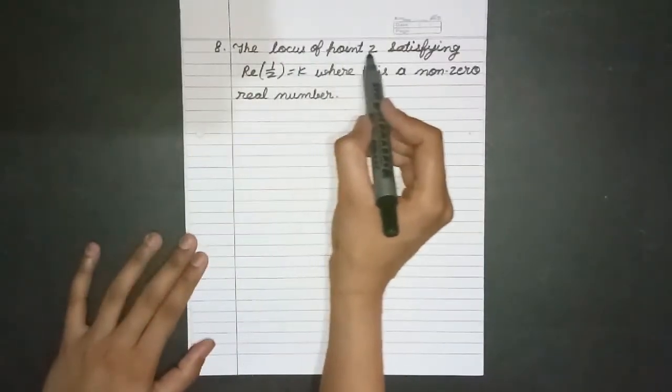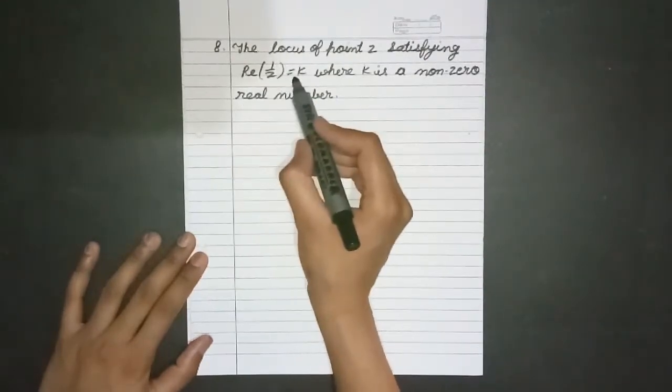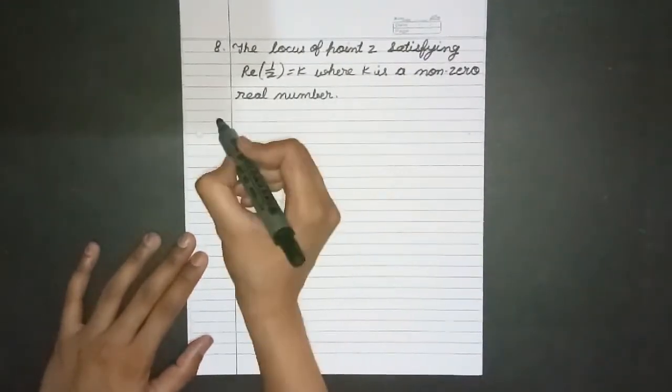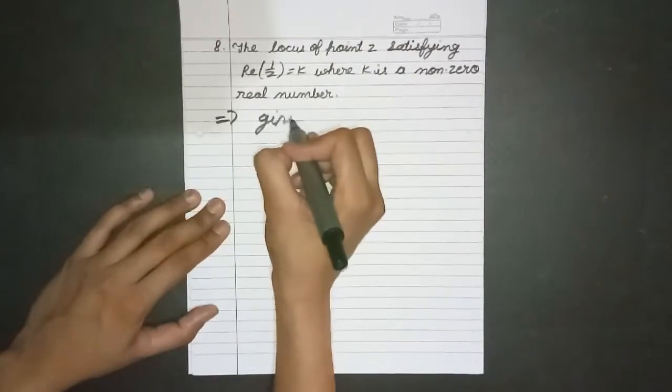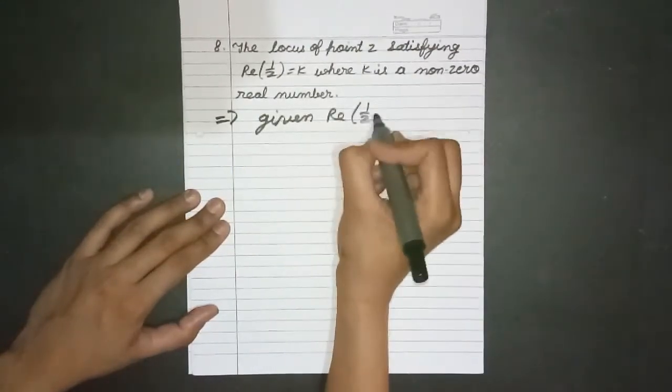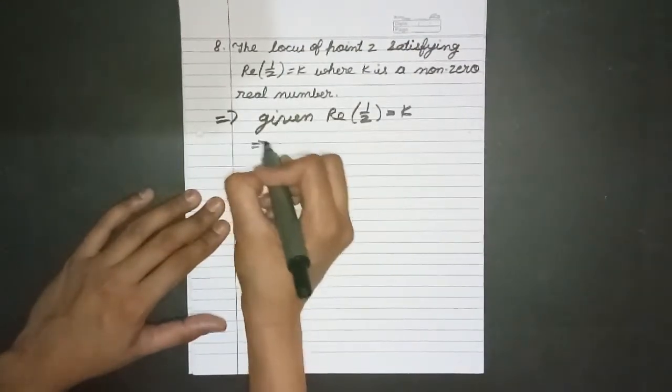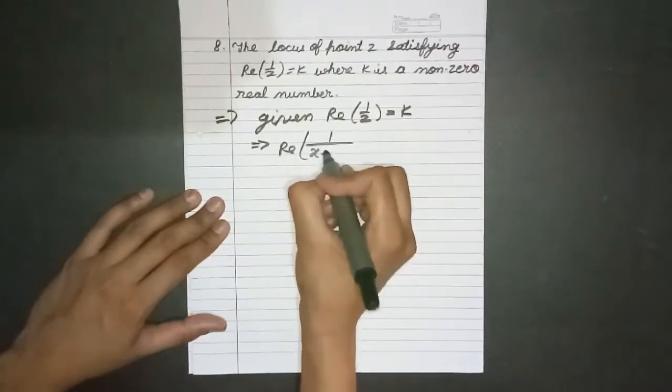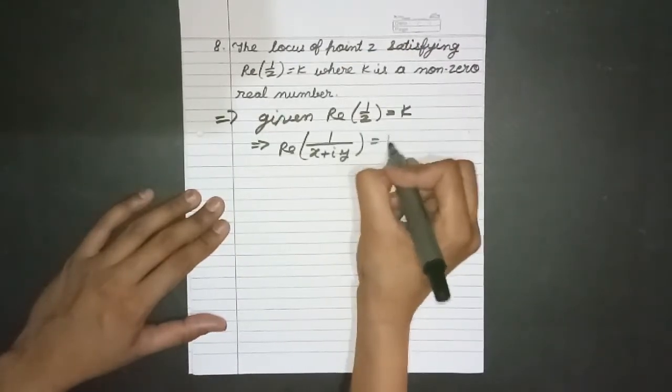Now example 8: the locus of point z satisfying real part of 1 by z is equal to k, where k is a non-zero real number. So given is real part of 1 by z is equal to k. So real part of 1 by x plus iota y is equal to k.